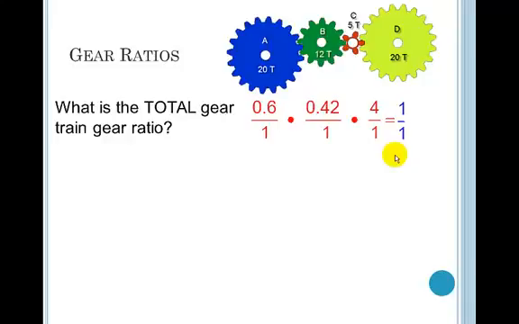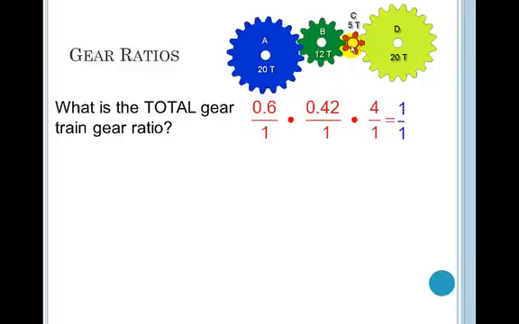I don't want you to miss this, guys: the gears in the middle are all on different shafts. None of these are stacked on the same shaft. Remember that a gear was the output and the next time it was the input, so it cancels out.